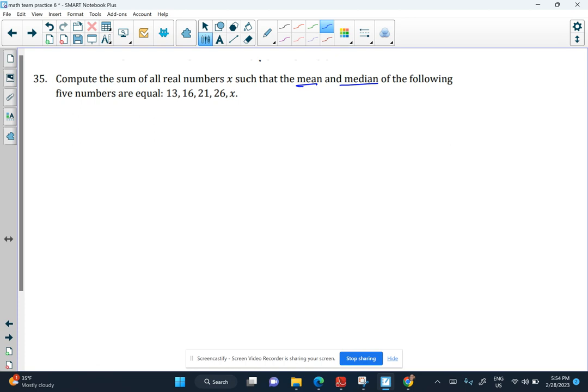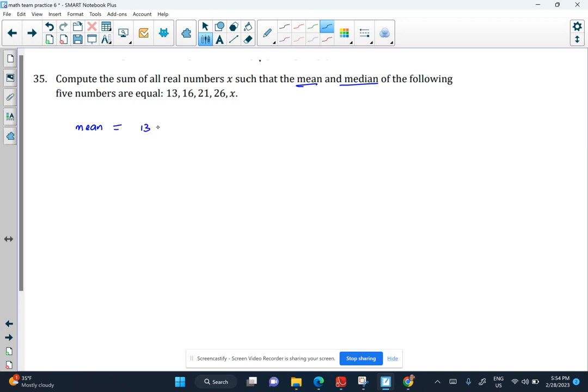Well, I know the median is the middle number when the data is sorted from least to greatest. And so if there are 5 numbers, it's going to be wherever the third position is. But we have this x that can be any value. So I'm going to start by saying, well, let me figure out the mean. What would the mean look like?